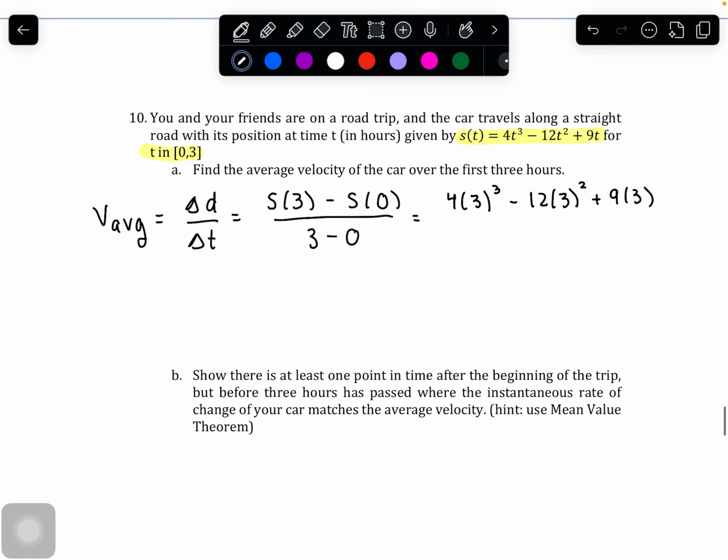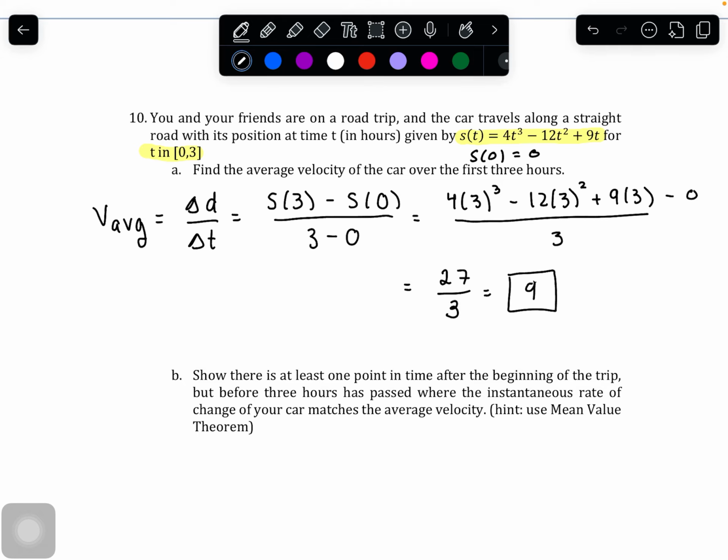If I plug 0 in, s of 0 is going to be 0, so minus 0 if we want to write that, all over 3. It looks like this is going to be equal to 27 over 3, which is equal to 9.